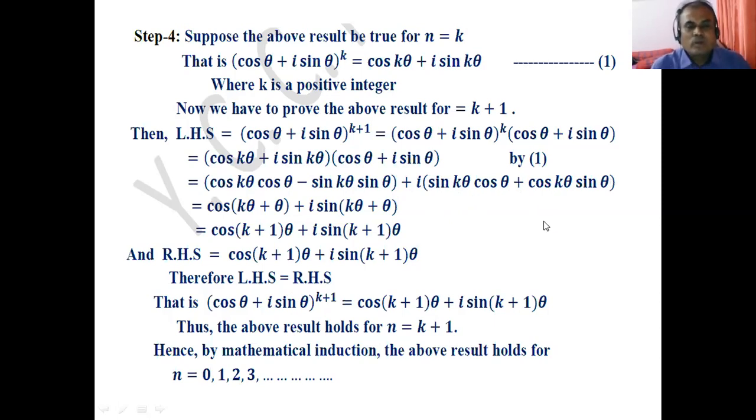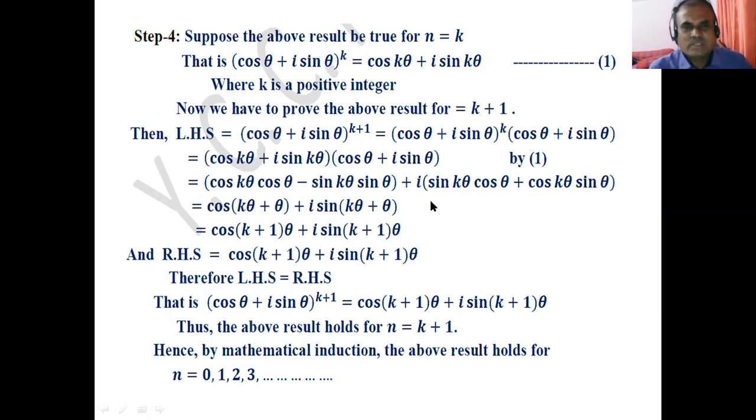Now we use the trigonometric formulas here, which we have seen in lecture 1. Suppose this is A and this is B. So cos A cos B minus sin A sin B is equal to cos of A plus B. So we use this formula here: cos of k theta plus theta.